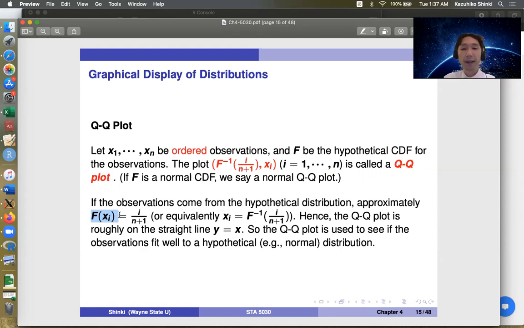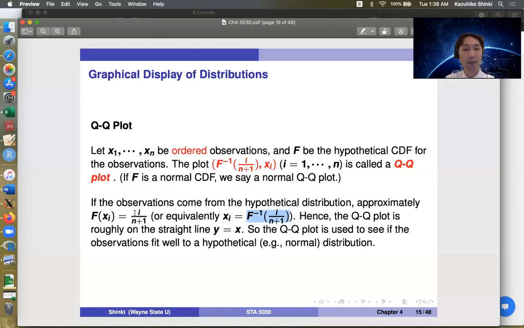But actually, for the largest observation, F of xn would be n over n, which is 1. That never happens, because if F of something is equal to 1, then the argument of F should be infinity. That's why we use n plus 1, to avoid xi being infinity or negative infinity.